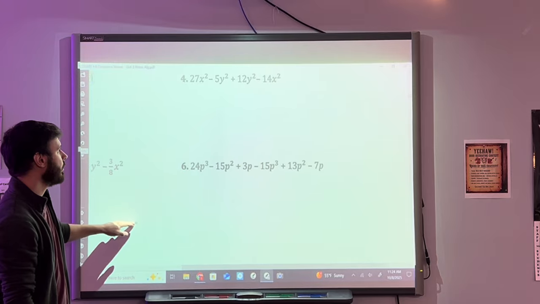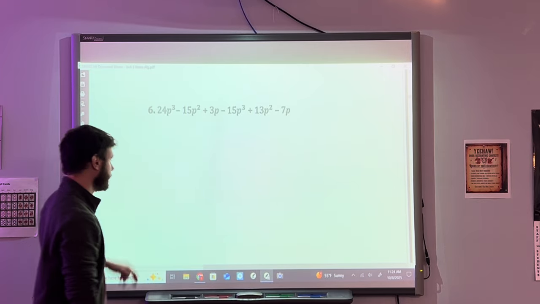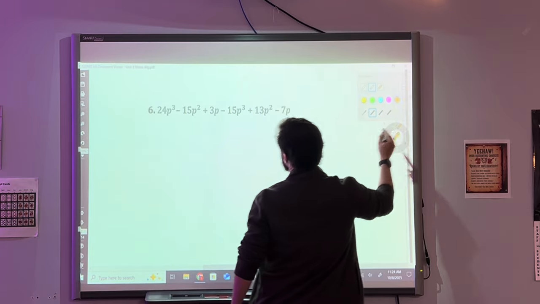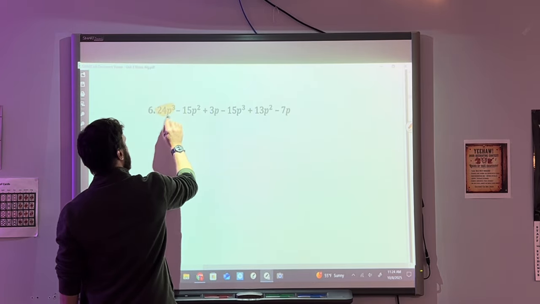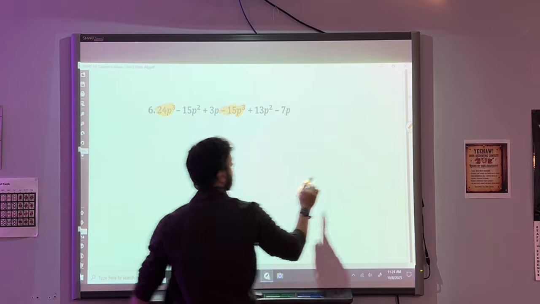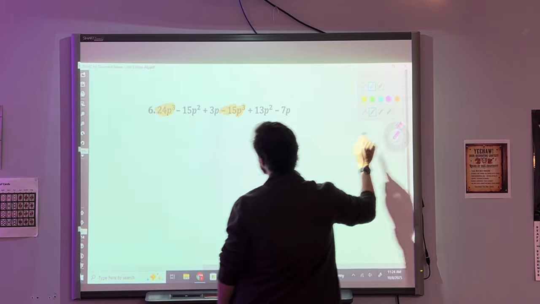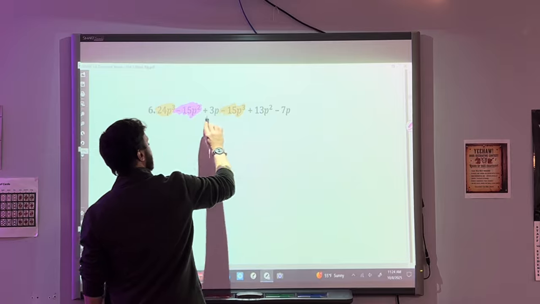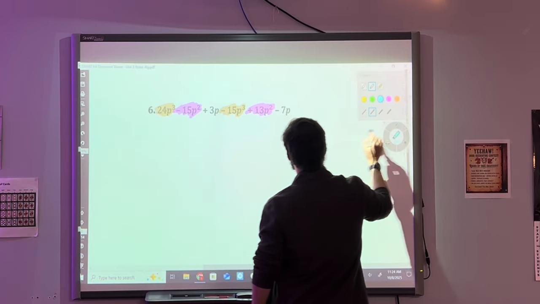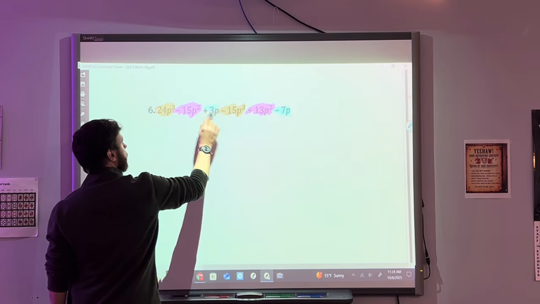Let's do 6. All right, I've got p cubed. Where else do I see p cubed? Right here. I've got negative 15p squared. Boom.